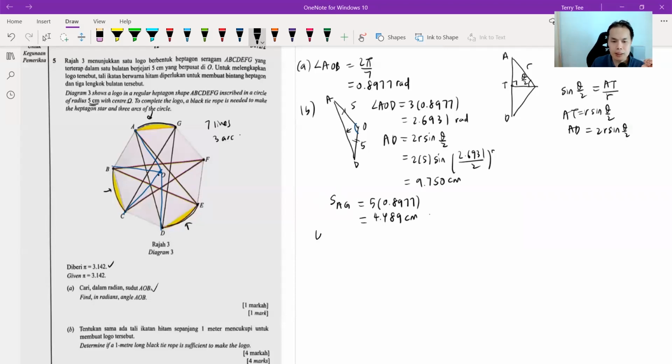So the length of the rope that I need is 7 times 9.750, 7 times AD, and then 3 times your arc, 4.489.